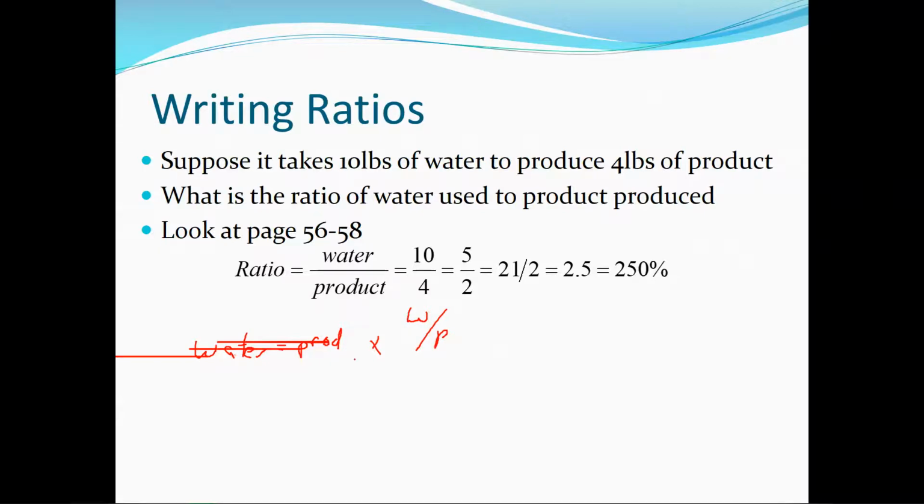My ratio was 2.5, and I'm multiplying it by 10 pounds because that's how much product I'm trying to achieve. So in order to get 10 pounds of product, I need 25 pounds of water.